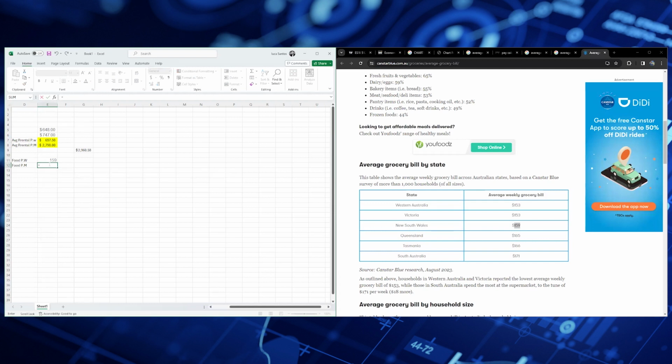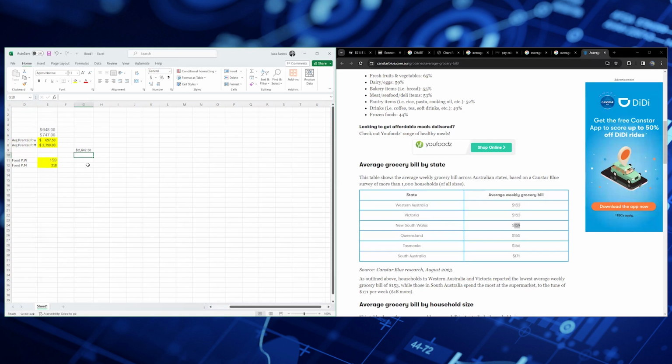Sorry, what's wrong with my, so that's how much you're gonna get. $3,018. So we're gonna get this guy here minus this one, this is how much you still have.